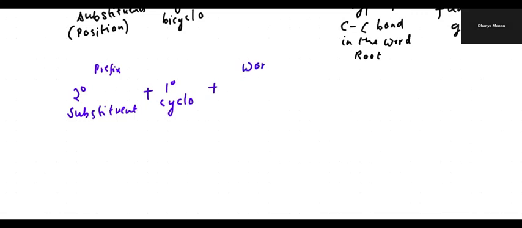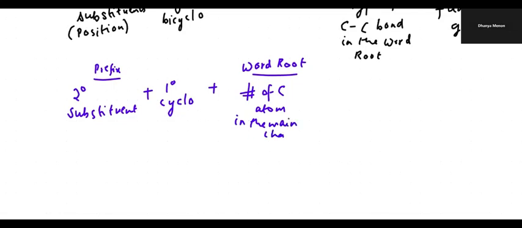Word root. In word root, what do we write down? The number of carbon atoms in the main chain. After that, we move on to suffix. So this is the order. If we memorize this order, it will be fine. In suffix, we write down first the primary suffix. What do we mention?